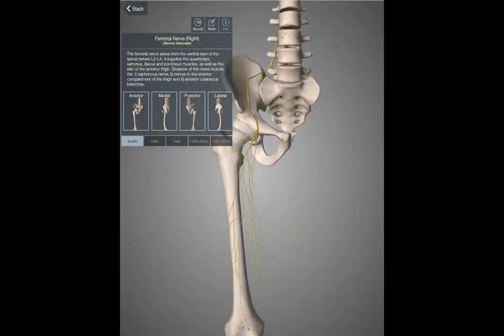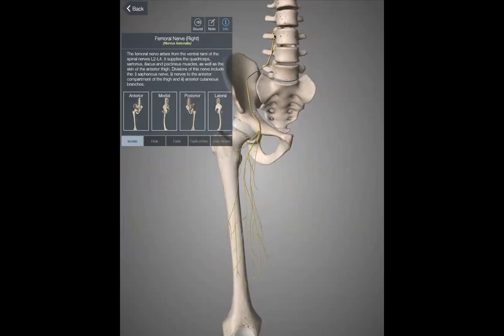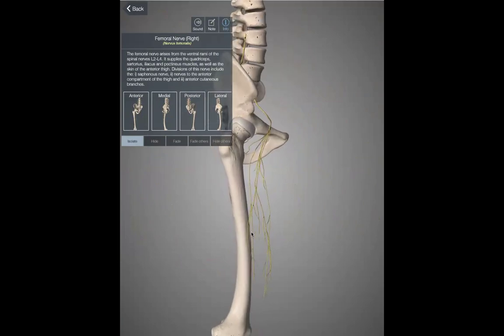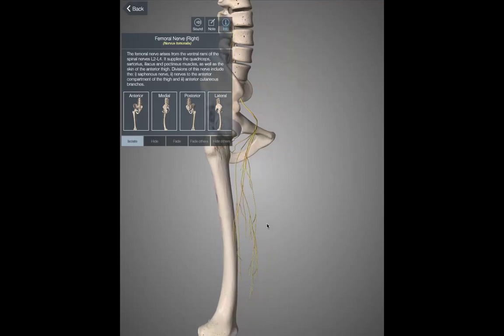The femoral nerve, roots arising from L2, L3, and L4. Motor functions: it supplies muscles of the anterior compartment of the thigh, hence iliacus, pectineus, sartorius, and quadriceps femoris muscles. And the sensory functions: it innervates the skin on the anterior thigh and medial leg. Okay? Medial thigh, anterior thigh, and medial leg.